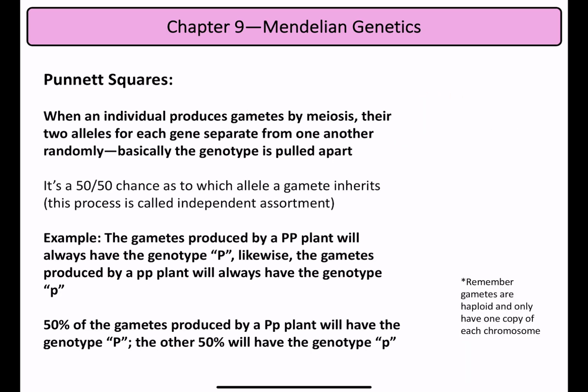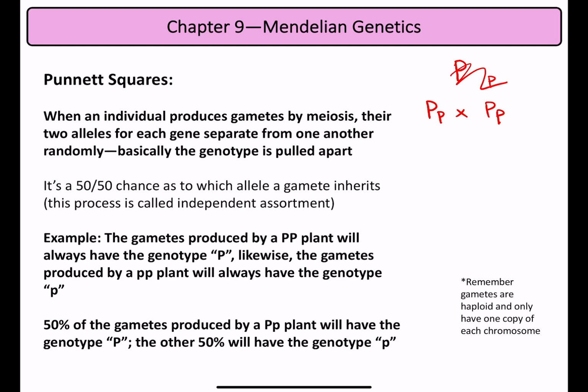I want to reiterate what a Punnett square simulates. So remember we just did our last one, we did a cross between, let me write it out this way actually. The parents were like this. And I said the first thing a Punnett square does is it simulates the production of gametes during meiosis.